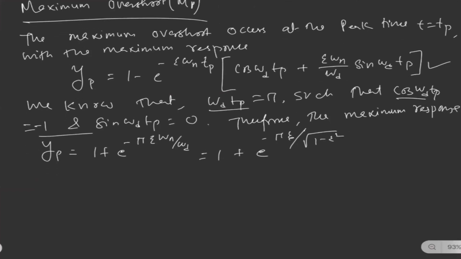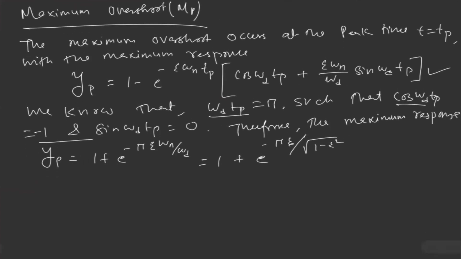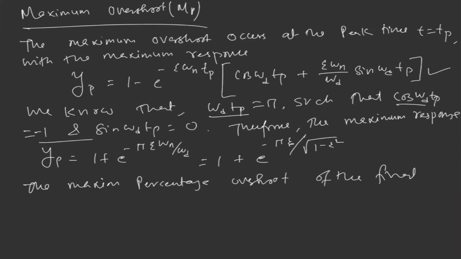So this is the expression, and since we are using the standard form, we can define the maximum percentage overshoot of the final value as Mp equal to (Yp minus 1) by 1 into 100%.